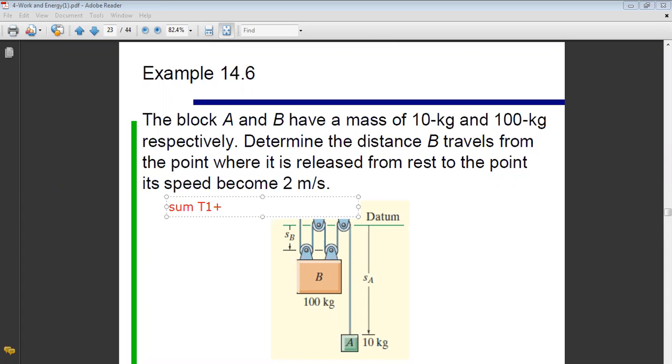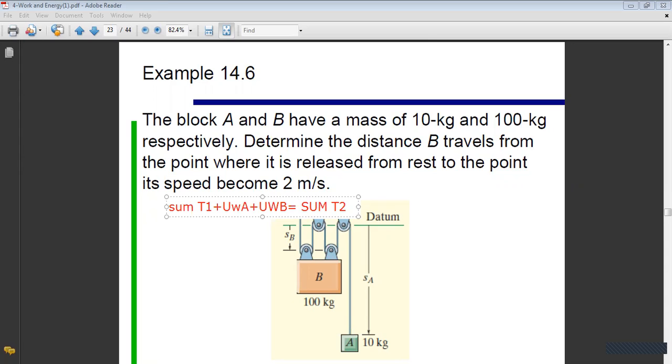Here we have two forces doing work, so we have the work of the weight of A plus the work of the weight of B, equals the summation of kinetic energy T at state 2.